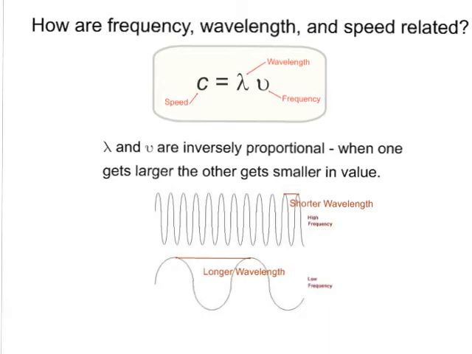So when one of them gets larger, the other one gets smaller in value. Down here, I have a graphical representation of it. We have high frequency where many waves are passing through at a given time, and when that happens, there will be a shorter wavelength. Here, when we have very low frequency, we're going to have a longer wavelength. So it's important to remember that the wavelength and the frequency are inversely proportional to each other.